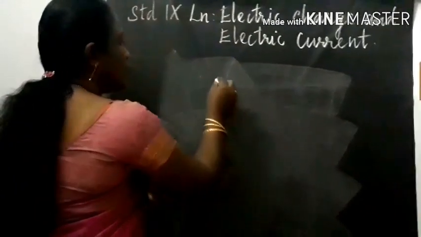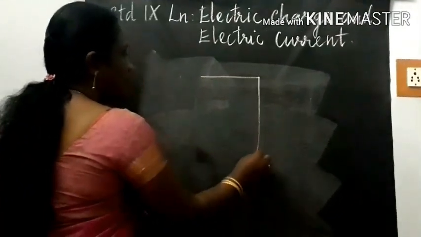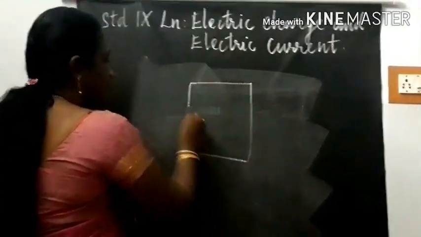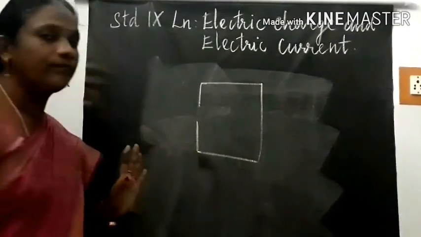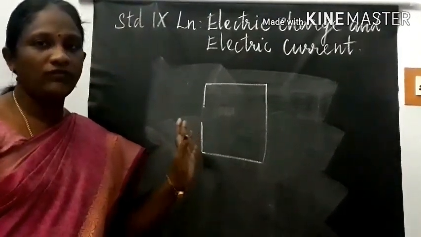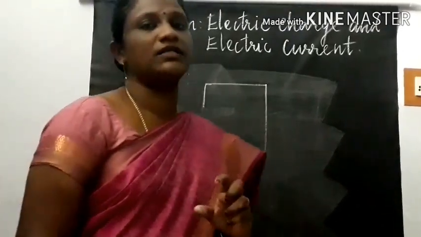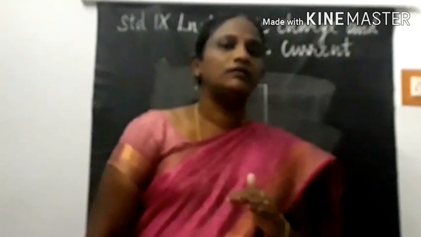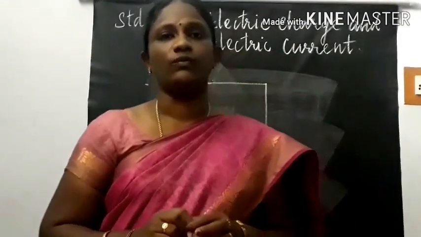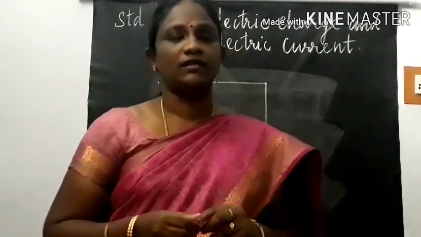Now, if you consider a simple copper wire connected like this, will there be any flow of electricity? No, isn't it? So, there must be a factor that must trigger the electricity to flow. What may be the factor?